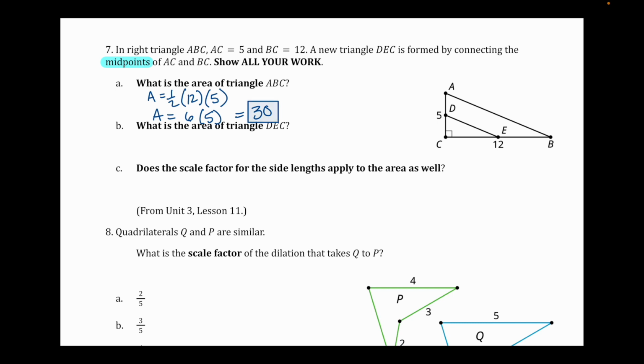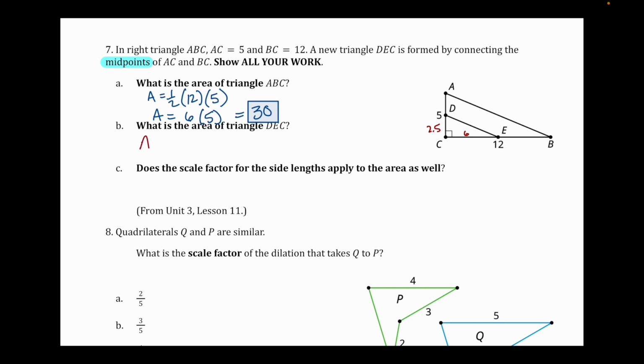Then they want to know what is the area of triangle DEC. So DEC is this smaller triangle right here. The height is going to be half of 5, which is 2.5. And the base is going to be half of 12, which is 6. So this is going to be a 6, and this is going to be a 2.5. We're going to use those numbers now in our equation.